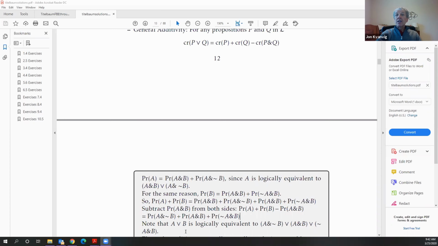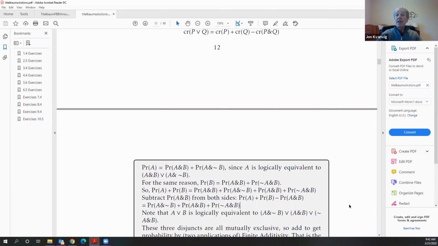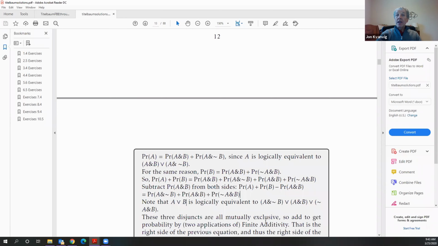That is the disjunctive normal form of that disjunction. Note as well that these three disjuncts are all mutually exclusive. Notice that's true of every state description. Every line on a truth table is mutually exclusive of every other line on the truth table. It's designed to be that way.